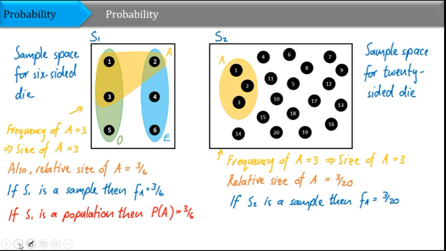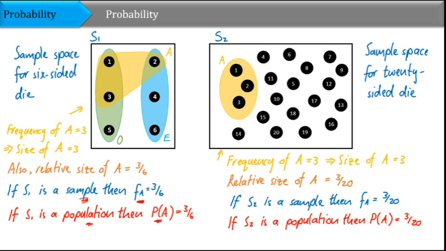Right, now the relative size we'll refer to as the relative frequency of A when we work with a sample, and the relative size we'll refer to as the probability of A when we work with a population. Same over here, relative frequency of A will be used to measure the relative size for a sample, and the probability will be used to measure the size for a population.